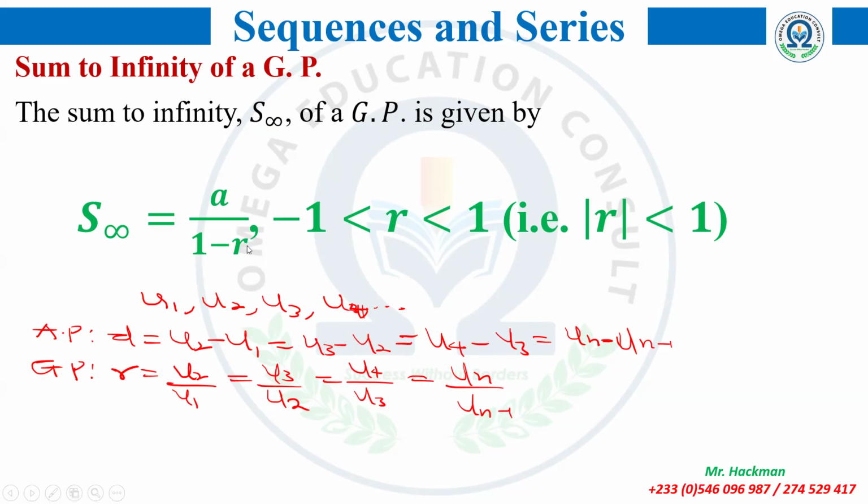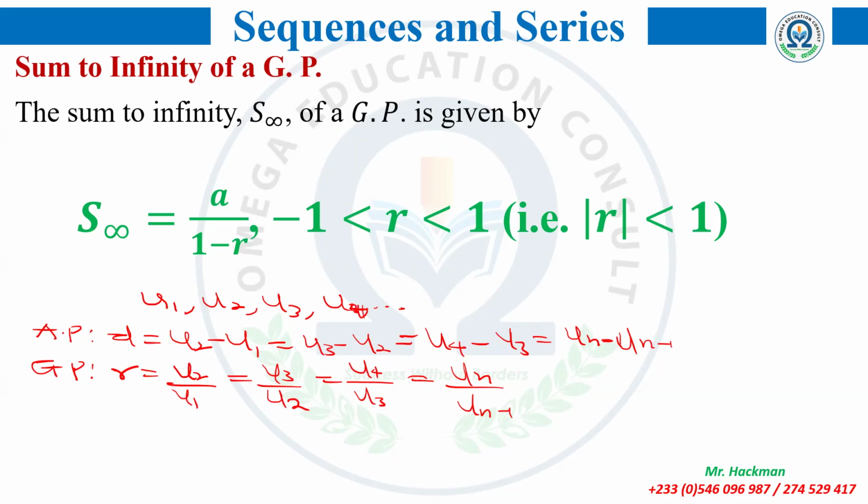You know this notation. So take note, the sum to infinity exists for a GP, and sum to infinity will not exist for an AP. For an AP, you cannot find a sum to infinity. So sum to infinity is really for a GP. Even for a GP, not all GPs will have a sum to infinity possible.